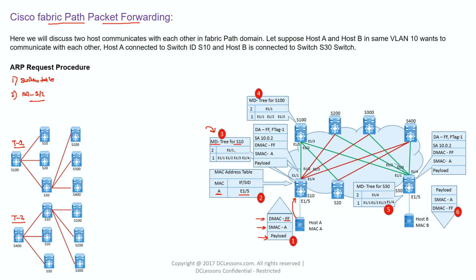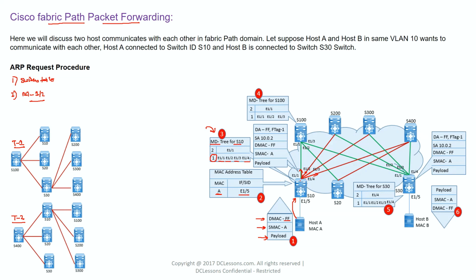By default it selects multi-destination tree 1, and checks which interfaces it can send this broadcast to. It will have ETH 1/1, 1/2, 1/3, 1/4, so it will broadcast the packet to all these ports.